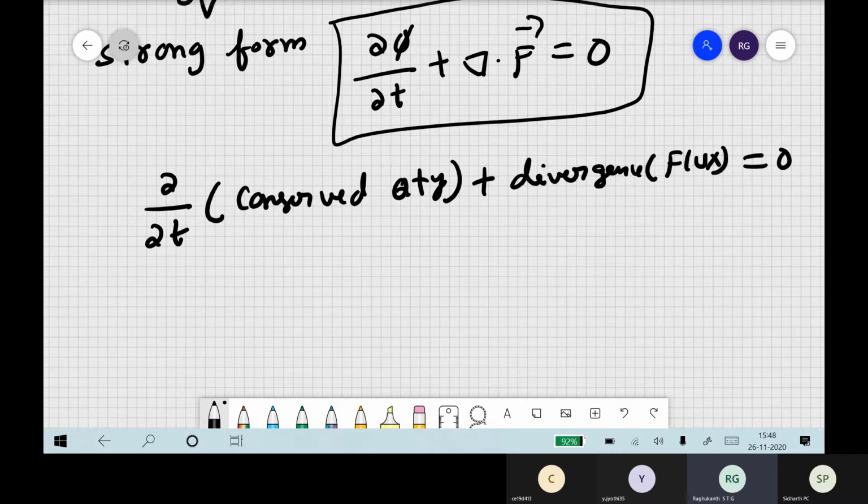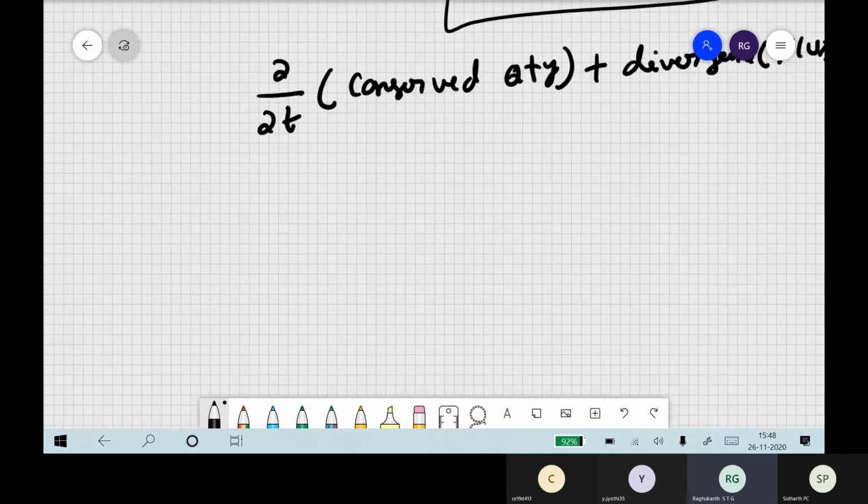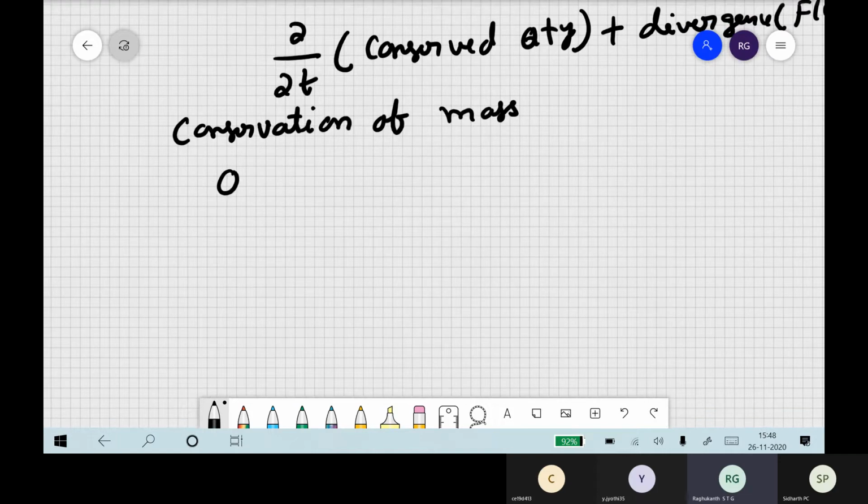Based on this, you can define conservation of mass, which you would have studied in fluid mechanics, and in solid mechanics also we do this. For conservation of mass, the density is what is important here.